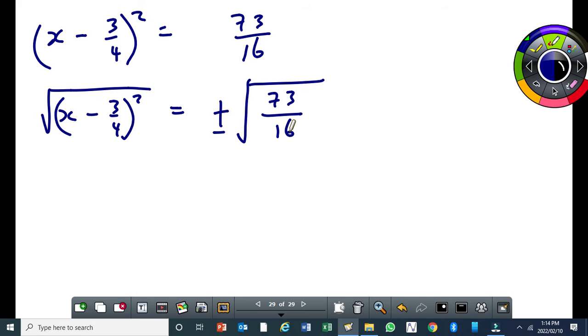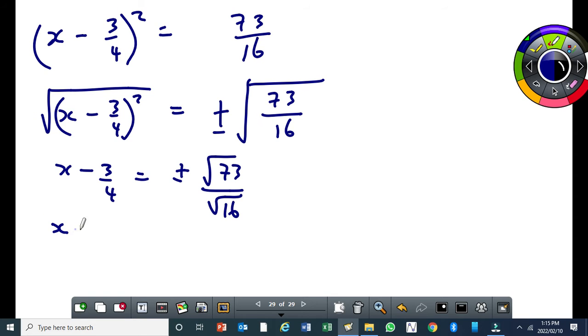Right? Then we will get x minus 3 over 4 is equal to plus or minus. Now I hope you are aware that using the division law, we can rewrite this as the square root of 73 over the square root of 16. Okay?